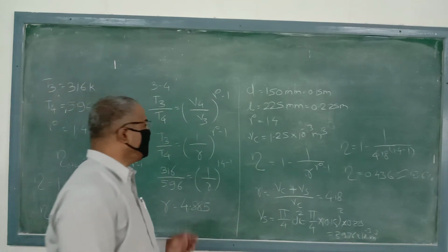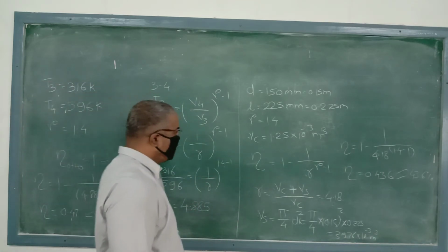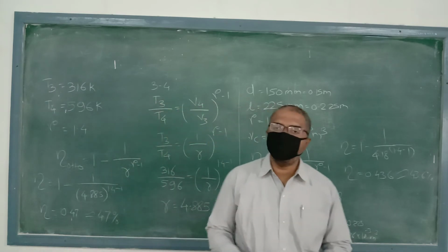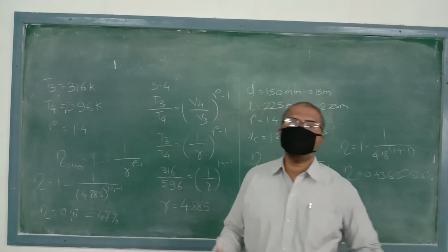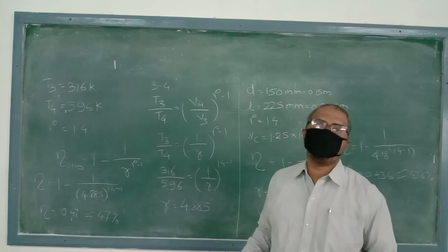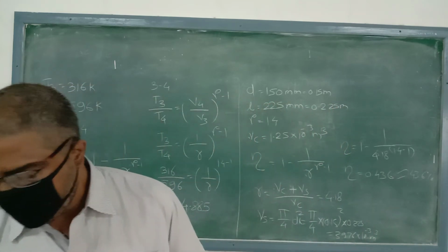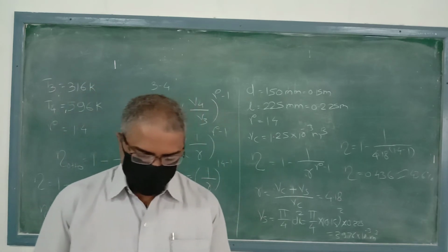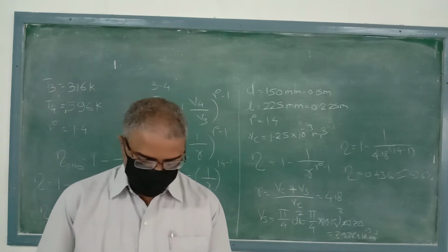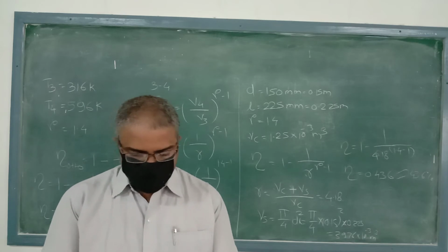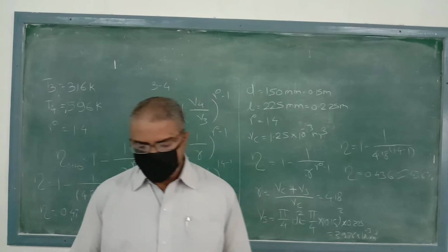So we have seen two problems. In these two problems, we are calculating compression ratio in different ways. Okay. So the next problem we are going to discuss is related with the diesel engine.